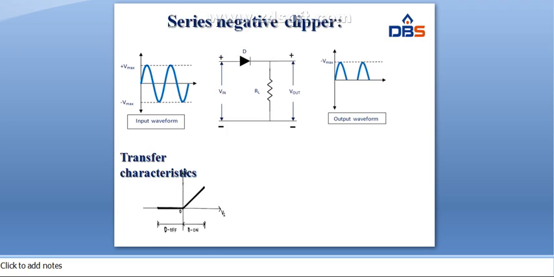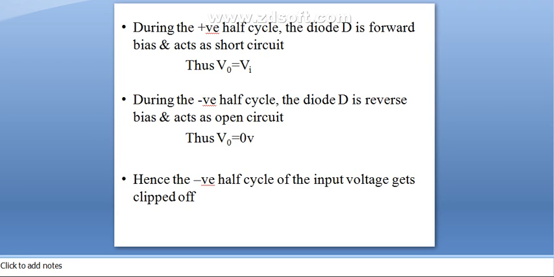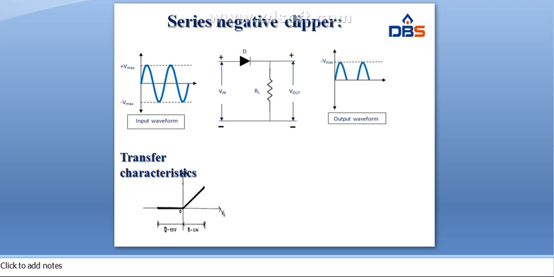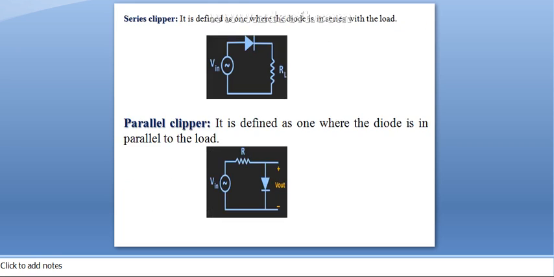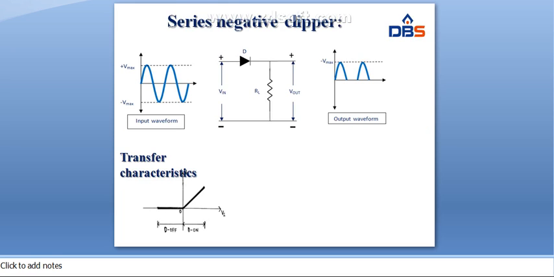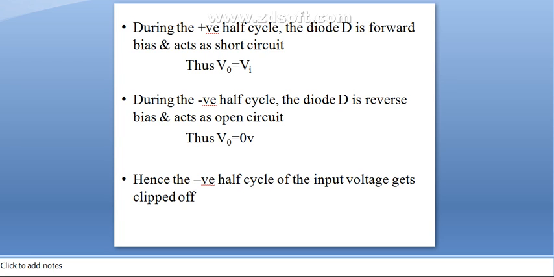In the series negative clipper, during the positive half cycle, the diode D is forward biased and acts as a short circuit.